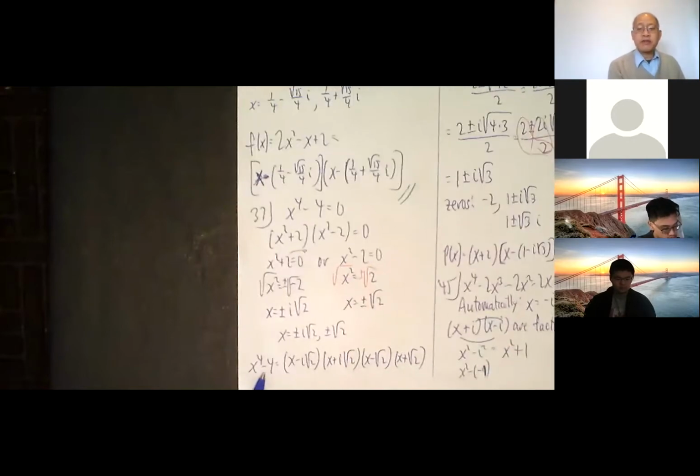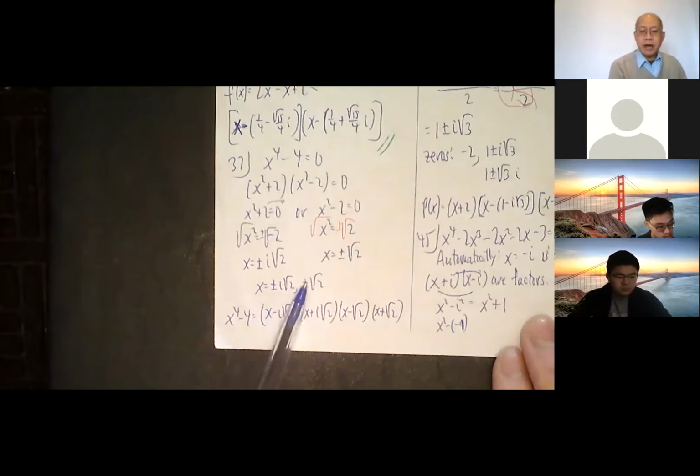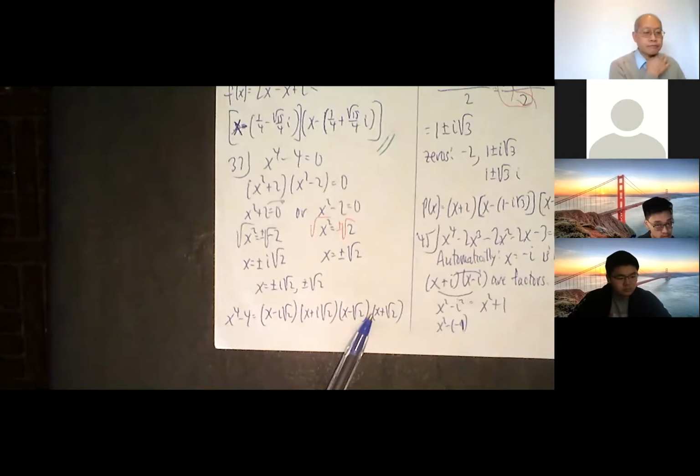So this is the complete factorization of x to the 4th minus 4 now. You basically go x minus each of these. x minus that, x minus the negative, that's a double negative giving me a positive. x minus radical 2, x minus a minus radical 2, x plus radical 2.